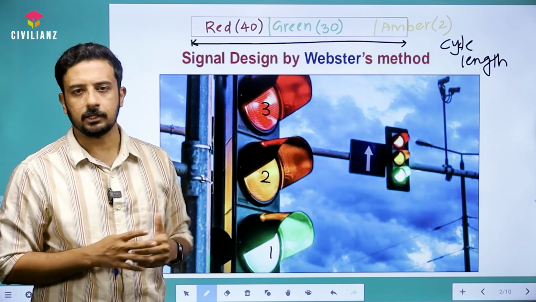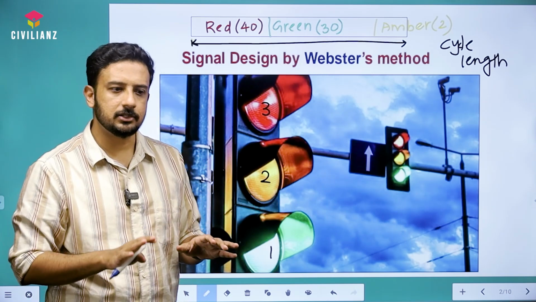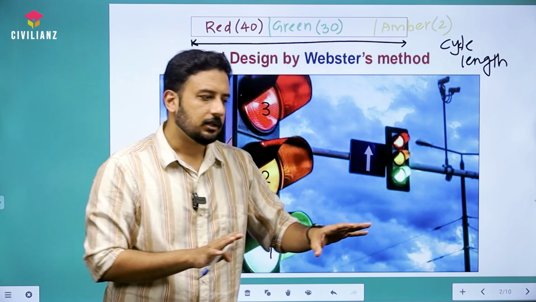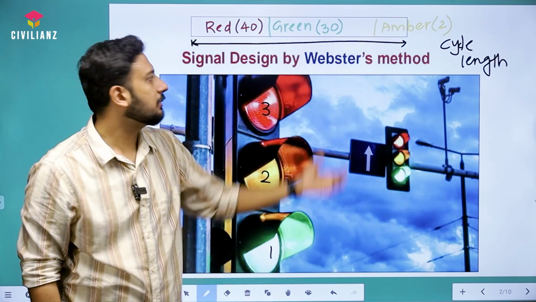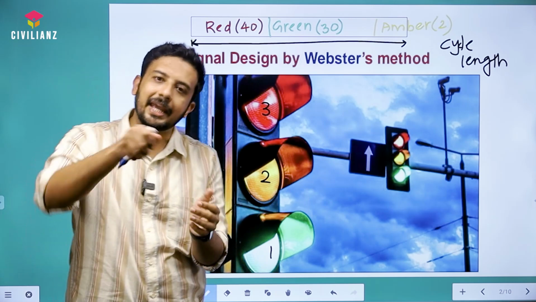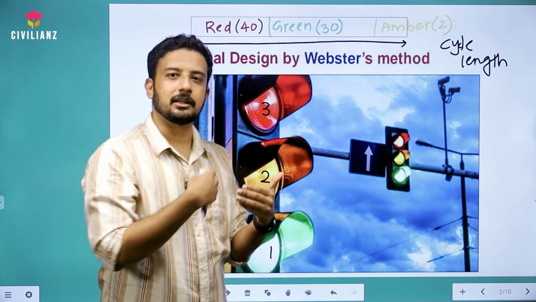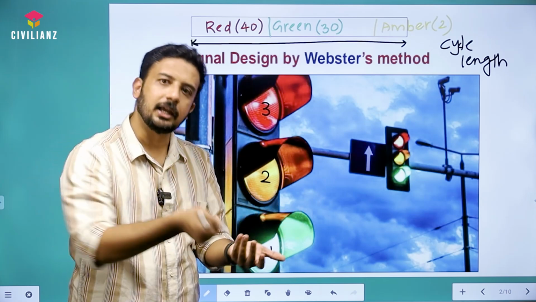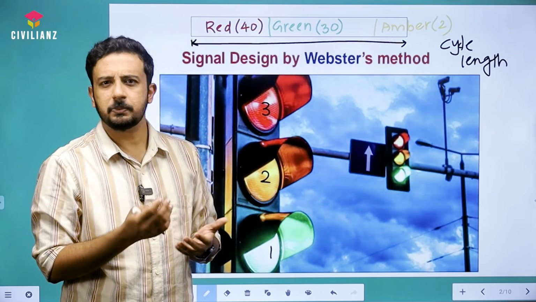You will start your vehicle, you will start moving, putting in the first gear slowly, you may be putting in the second gear. By the time you reach the intersection, again you will be getting maybe amber and red. Again you need to turn off your vehicle, and whenever you get the green signal the next time, again you need to restart it and move, right? You might have experienced this, right?